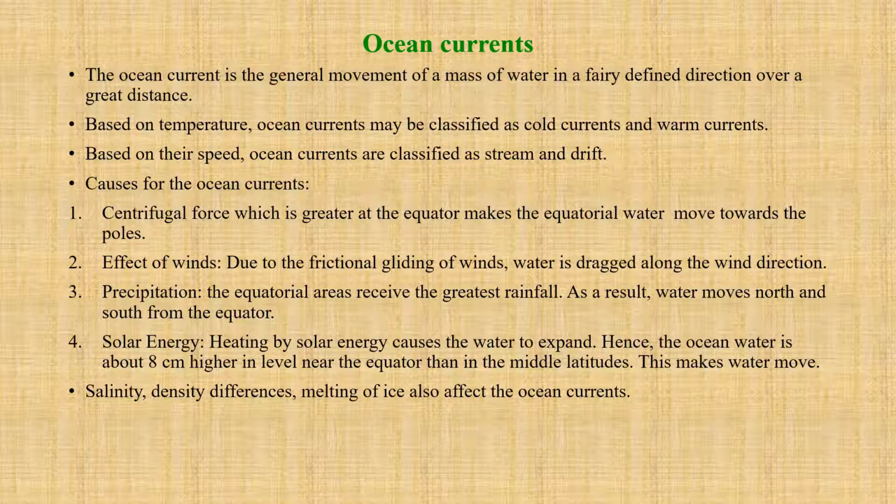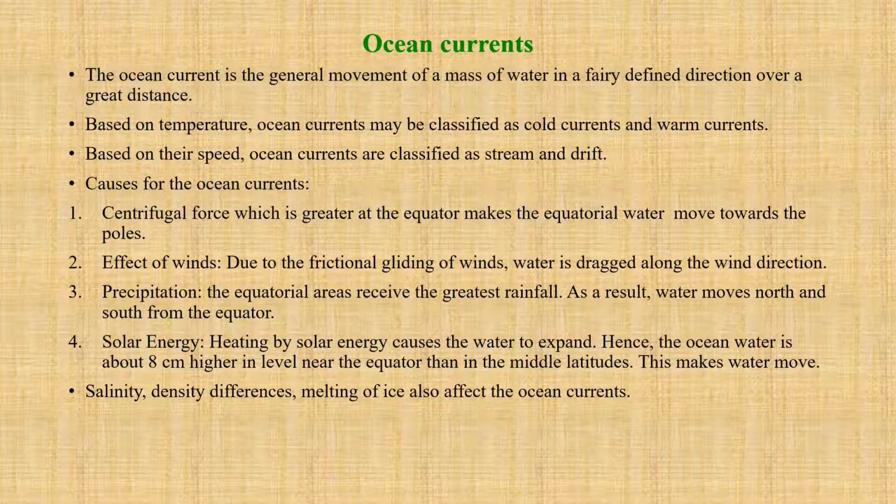Ocean currents. The ocean current is the general movement of a mass of water in a fairly defined direction over a great distance. The sea water is not still, it moves. That is called a current. It moves over a great distance.